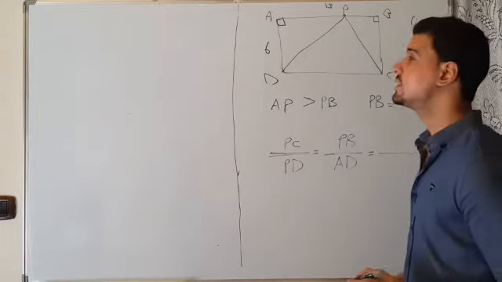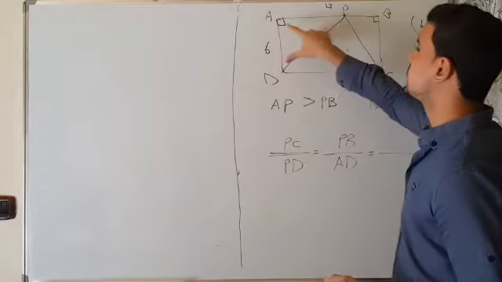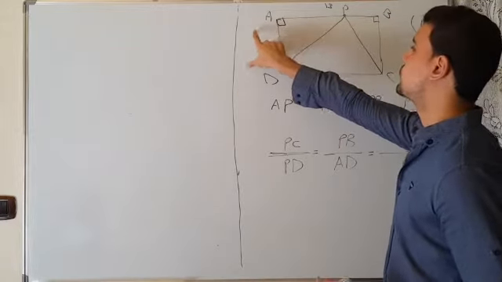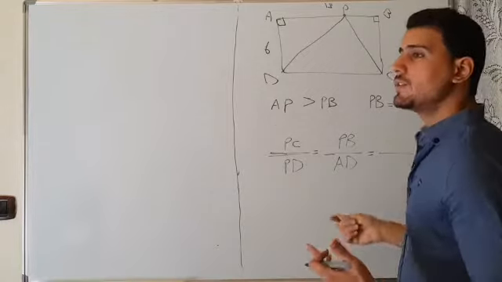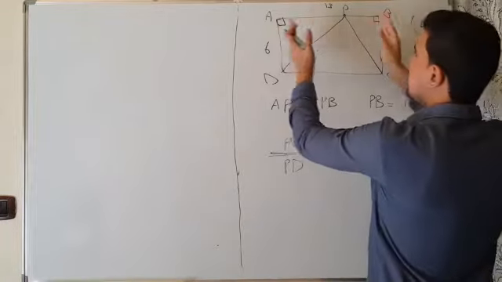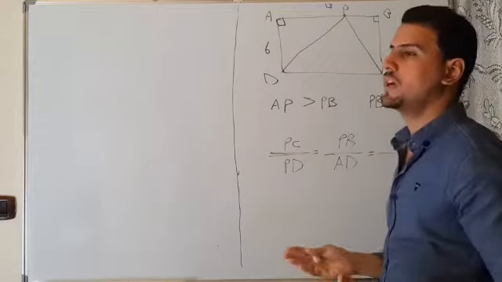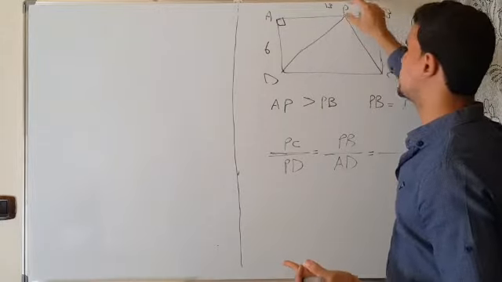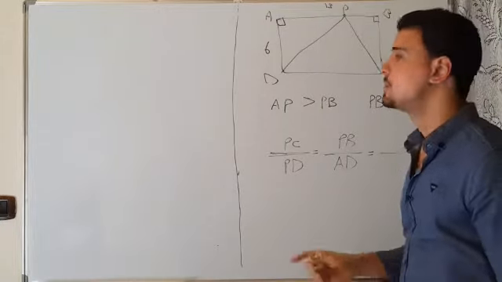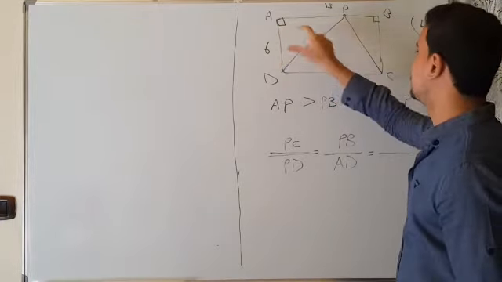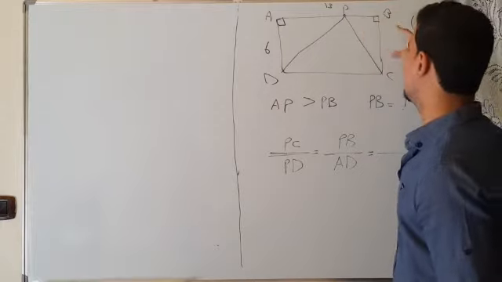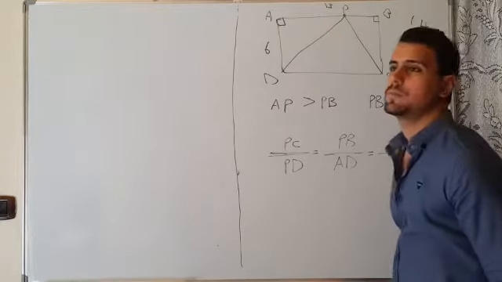No, that's the wrong answer. BC does not correspond with AD, even though they look like they are facing each other or not adjacent like those two, I don't care. What really matters is that AD must go with PB and BC must go with AP.